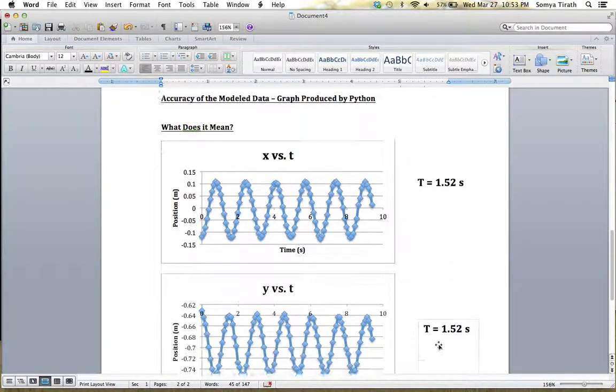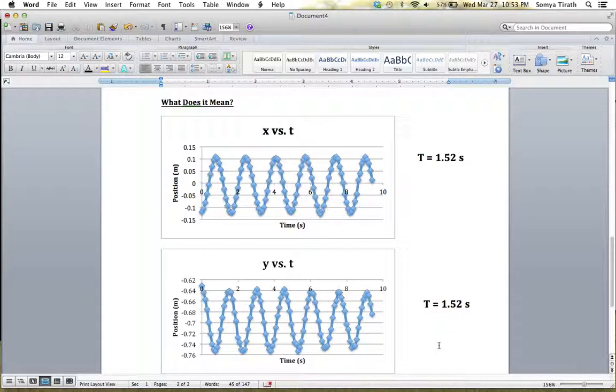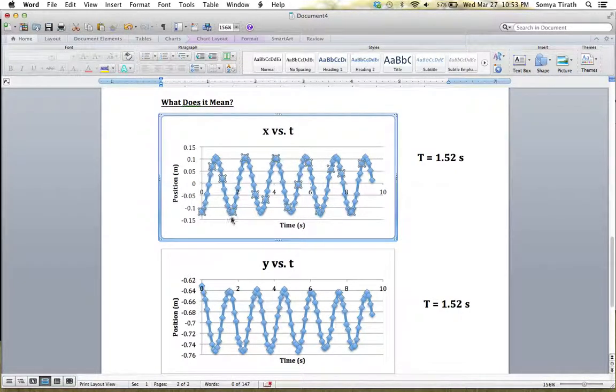All right, so what does this all mean? So we took the x position and graphed it versus time to find the period for one cycle to be completed in the x direction. To find this, we took the time between two crests, between this point and this point, and the period was found to be 1.52.